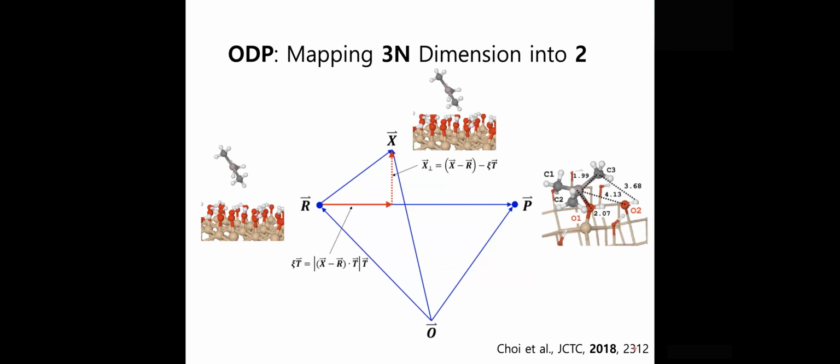Then you can project this point onto the vector that is connecting P and R. So now X can be decomposed into two components, the solid line and the dotted line. The solid line tells us how much progress along the direction has been made.